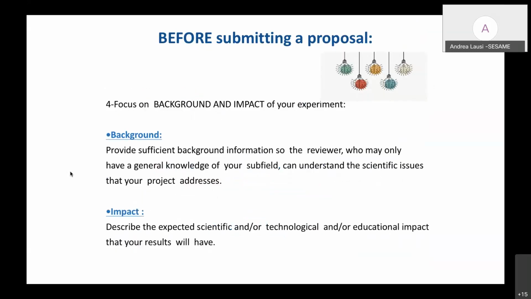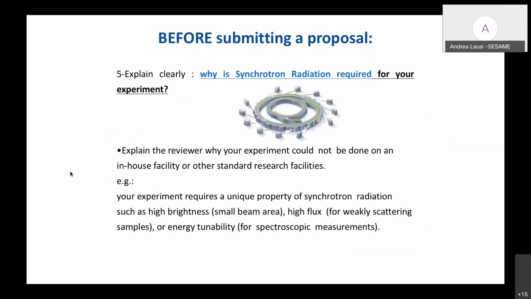Then, about the information that you have to give to the reviewers, background and impact are obviously very important, because remember that reviewers will have to read 150, 200 proposals. The more clear you are, the better it is.